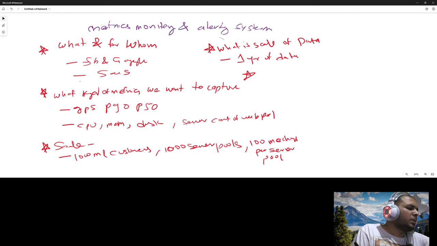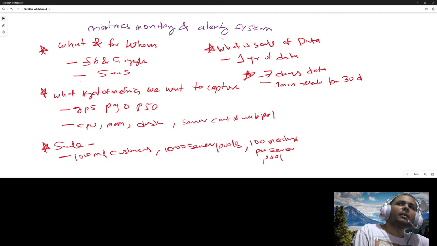We would like to keep newly received data for 7 days, and after that we may roll it up to 1 minute resolution for 30 days, and then further roll it up to 1 hour resolution. So let's keep 7 days of fresh data, after 7 days roll up the data to 1 minute resolution, and after 30 days roll it up to 1 hour resolution.